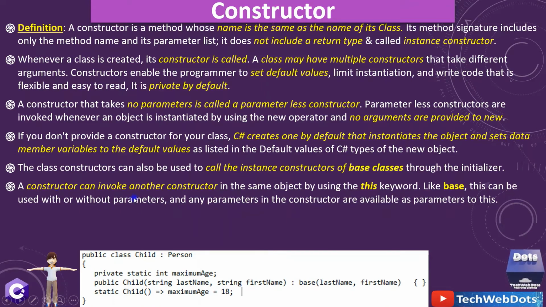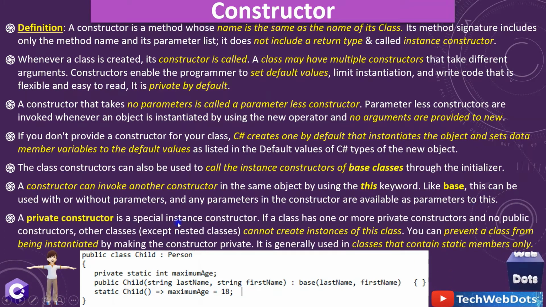A constructor can invoke another constructor in the same object by using the this keyword. Like base, this can be used with or without parameters, and any parameters in the constructor are available as parameters to this. Don't worry, I will show you in Visual Studio as well. A private constructor is a special instance constructor, and this is a very important part when we are talking about constructors.